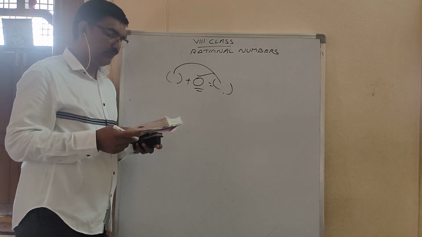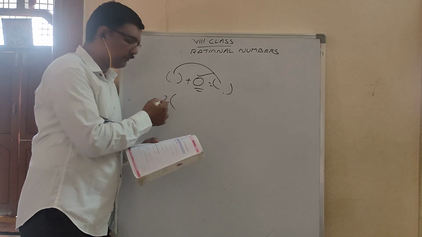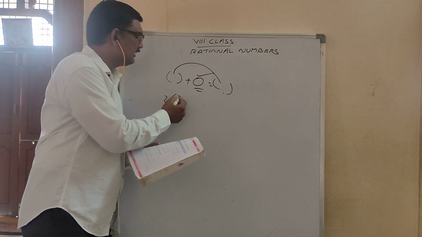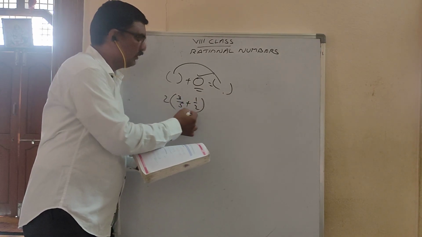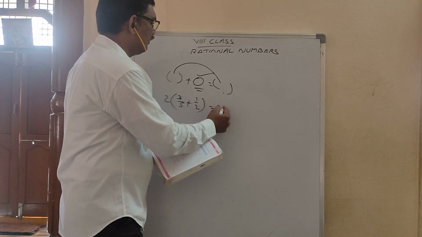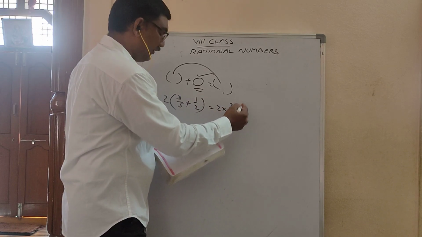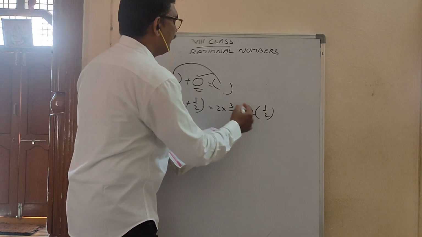The second question: 2 is there outside, inside the brackets 3 by 5 plus 1 by 2, and this 2 went to both, giving 2 into 3 by 5 plus 2 into 1 by 2.